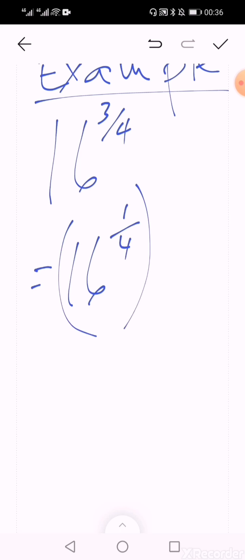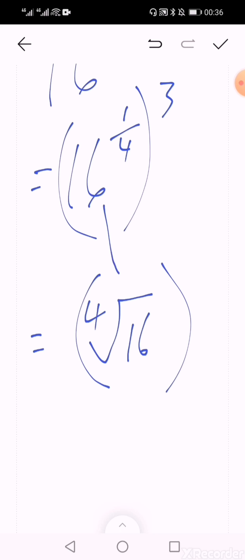So this one we can write as 16 to the power 1 over 4 times 3. And 16 to the power 1 over 4, we know, is the fourth root of 16. So this is what is in brackets. We are writing it this way, and then we bring this 3 to the power 3.